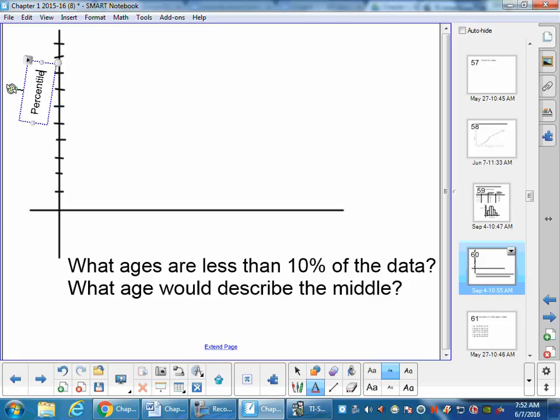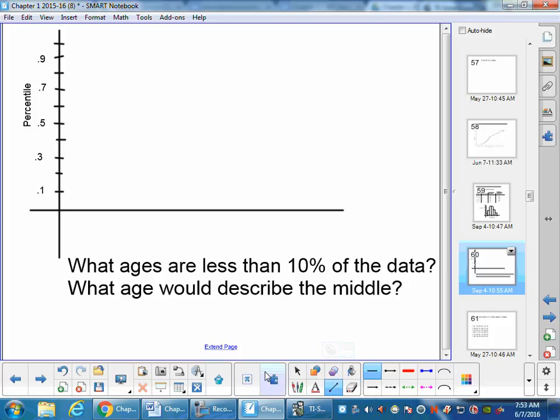I'm going to turn this like that, give us some more room. So that's percentile, and we'll want to label it, we can do 0.1, 0.3, 0.5. If you're drawing this, I would draw a little bit straighter lines, but hopefully you get the point.